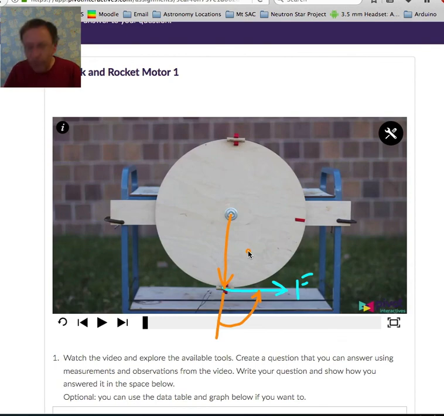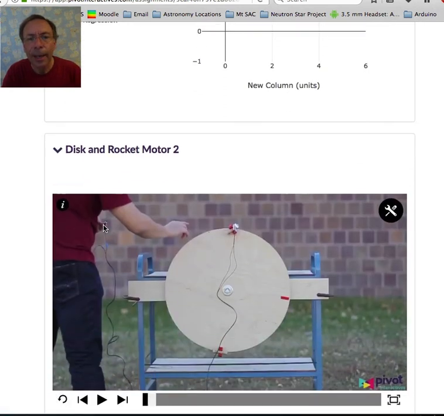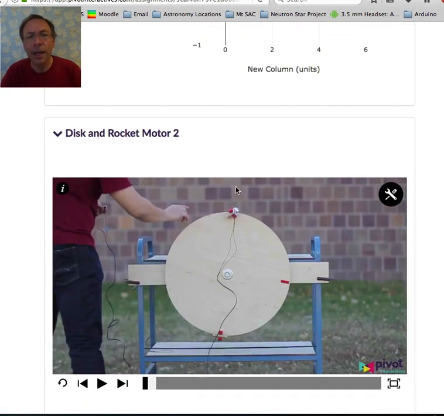And then what's really interesting, you can go to the next part, and now he's got the rocket engine shooting its flames out this way, so the force is like this, and the radius vector is like that, which if you extend, this is the angle, and it's not 90 degrees anymore.